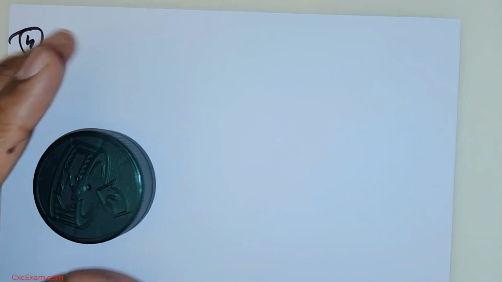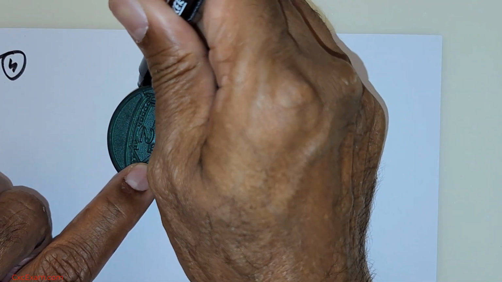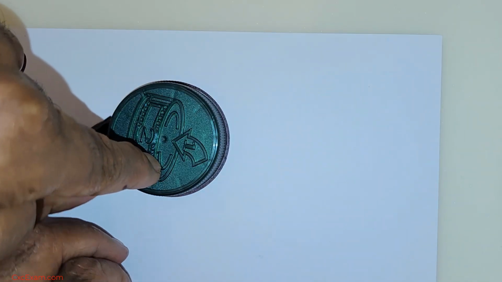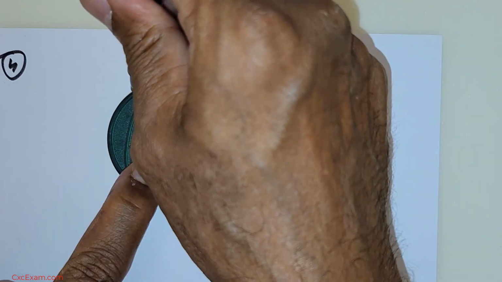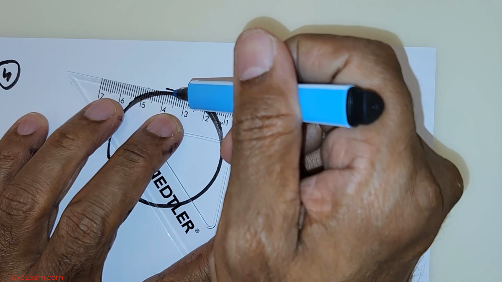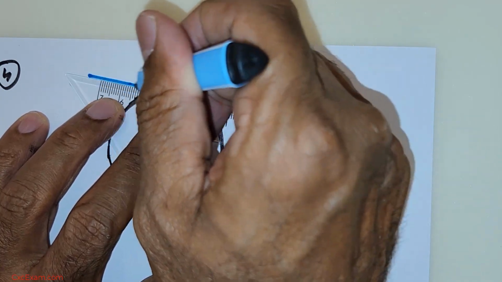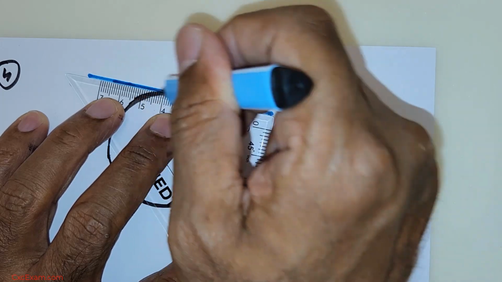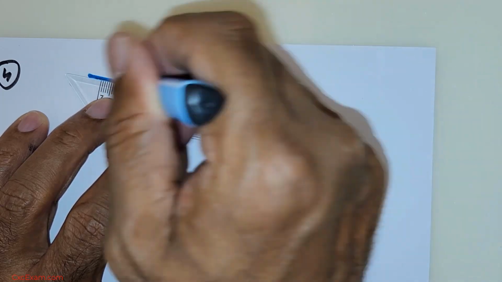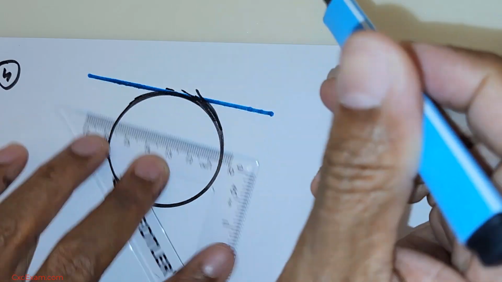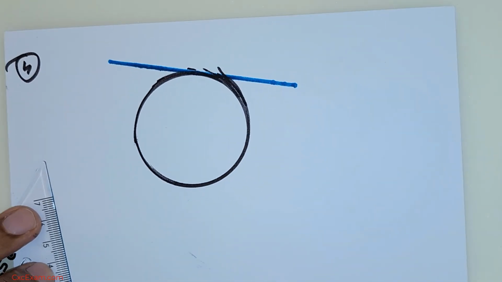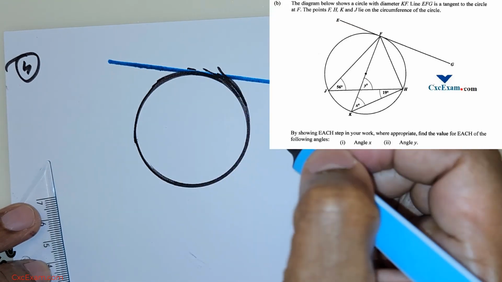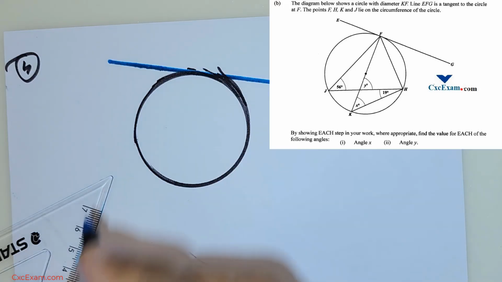Okay, we got this next question. So let me draw the circle. This is a lovely question. I'll draw a tangent. There is a tangential point of contact over here.